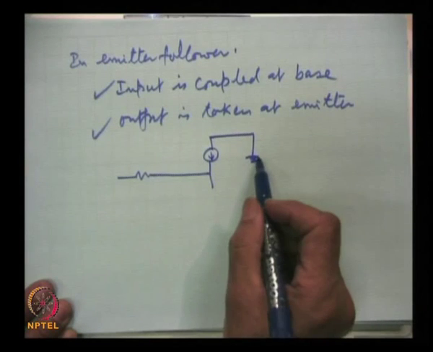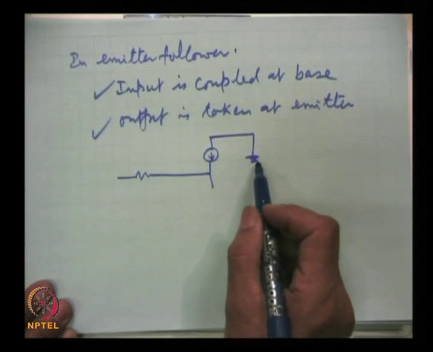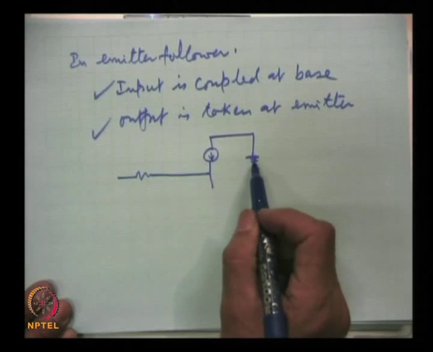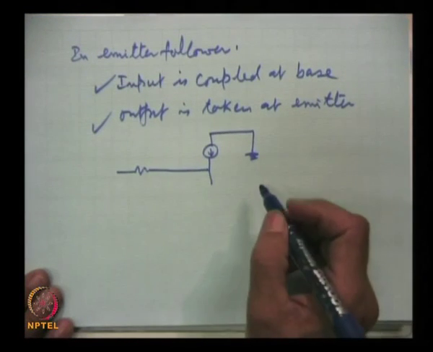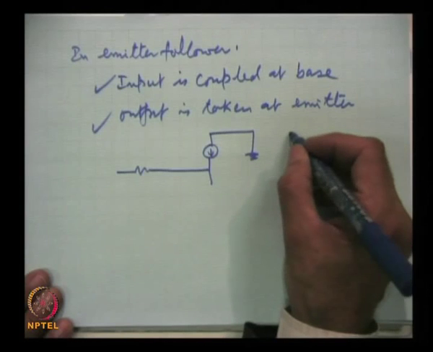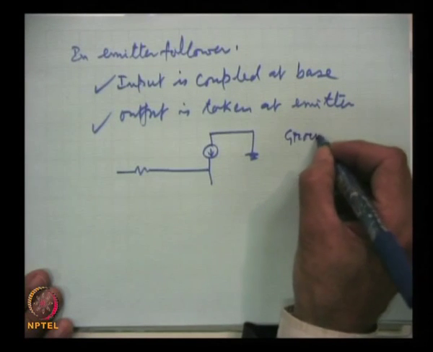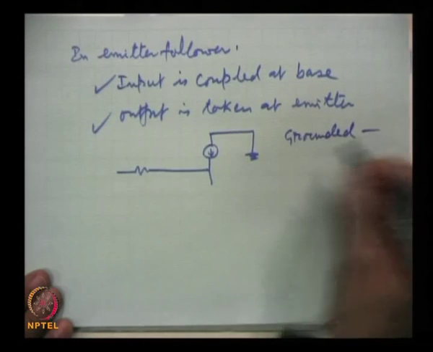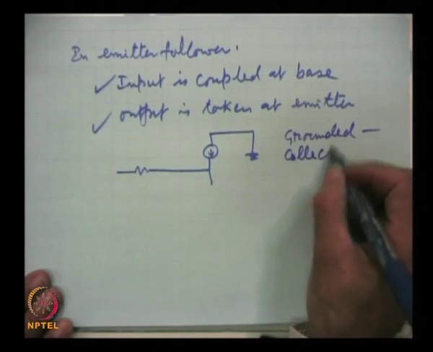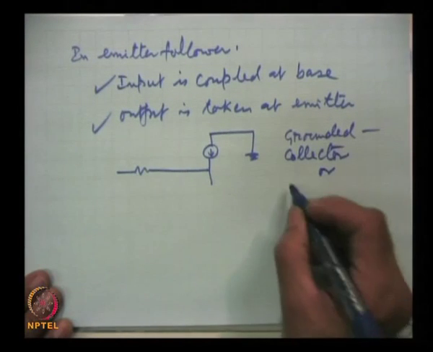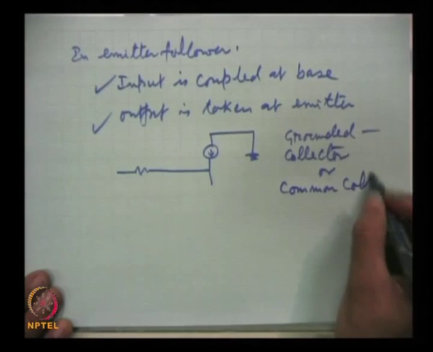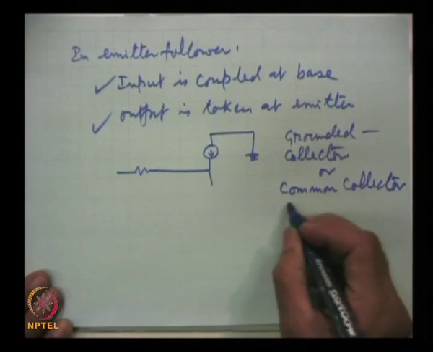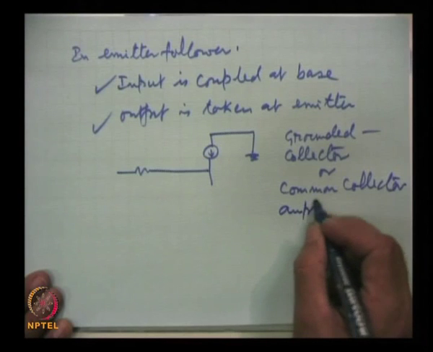The DC source VCC is to be grounded. So, the cathode is grounded. Many times the emitter follower is also called grounded collector, or common collector amplifier or circuit.